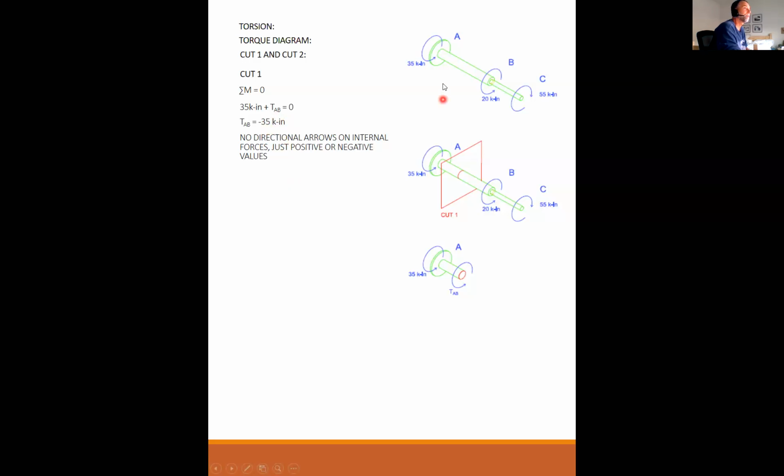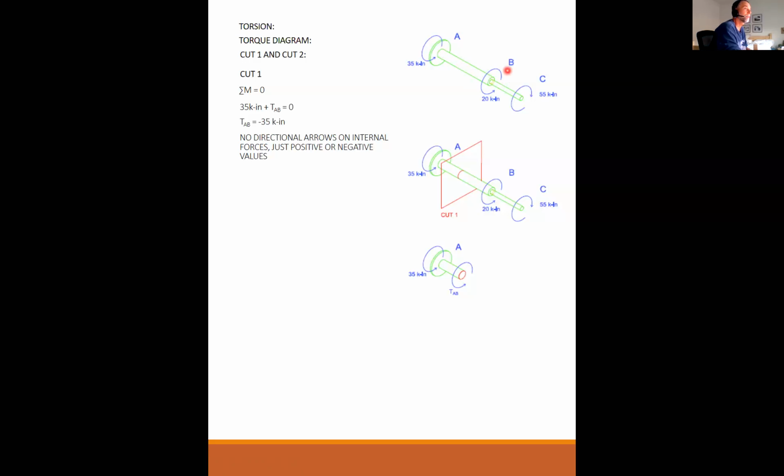The second part is that the torque is already a moment. If you had a force applied here, then a force would have a lever arm. And so to get a moment due to a force, you have to multiply the force times its effective arm.